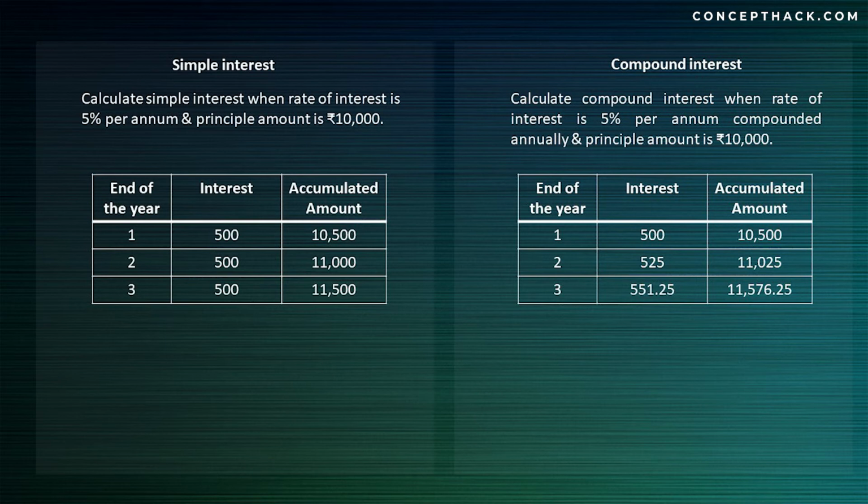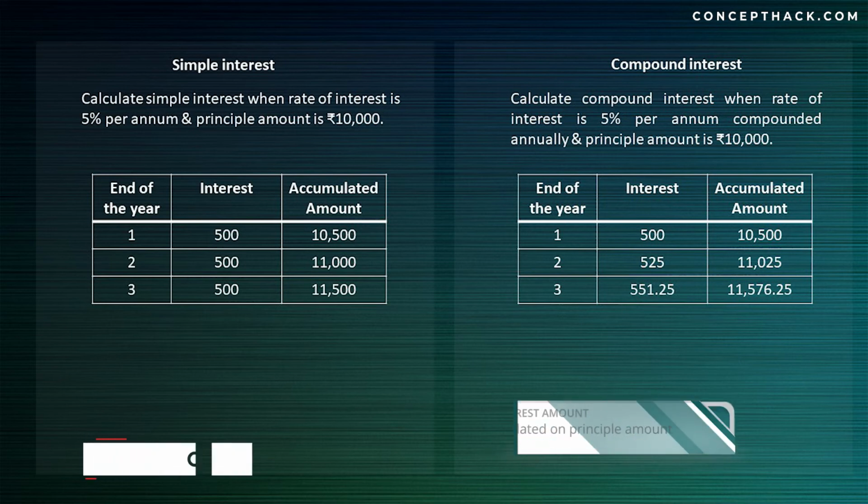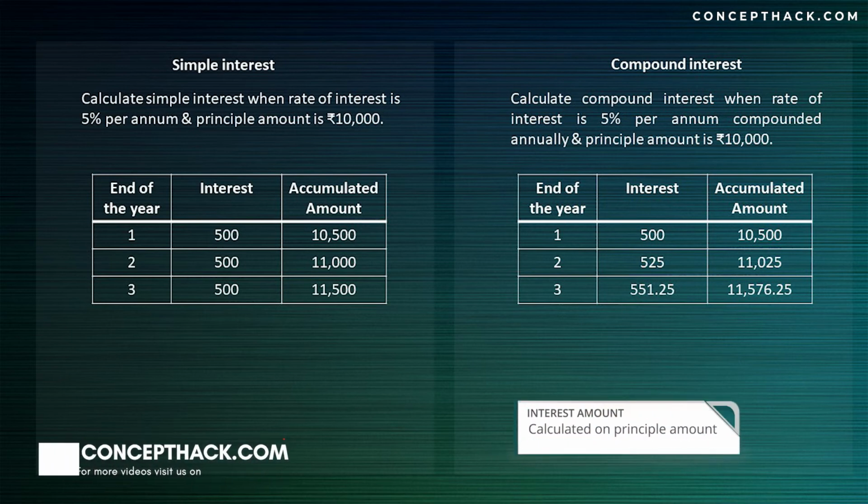First column will be end of the year, second column will be interest, and third column will be accumulated amount, which is principal amount plus interest. So at the end of year 1, my interest will be 500 rupees, which is 10,000 into 5%. My accumulated amount will be 10,500, which is principal amount plus interest of first year.